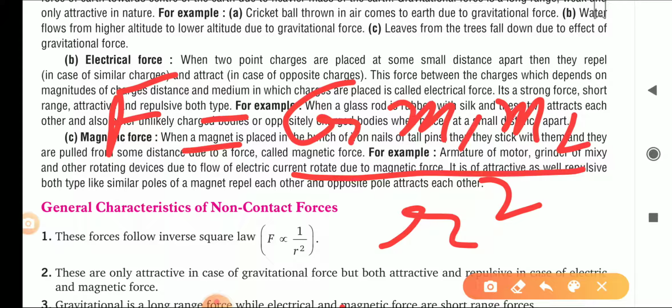Same way as the electrical force. And here G is a proportionality constant, known as the universal gravitational constant. Its value is 6.67 into 10 to the power minus 11.